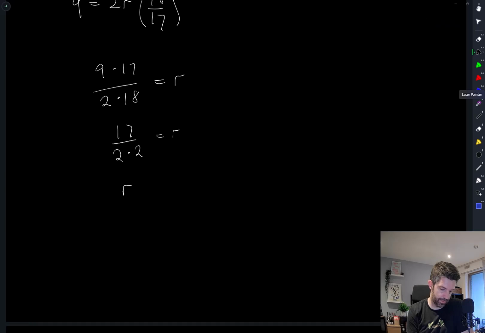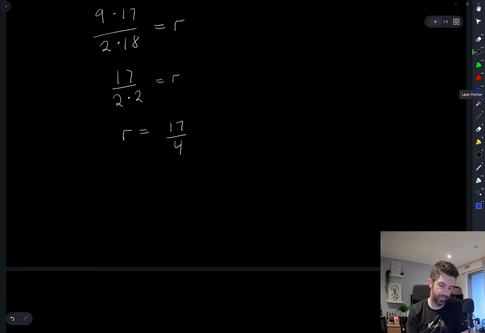So I get that r is equal to 17 over 4. So in this case, the relatively prime positive integers are 17 and 4. So m plus n is equal to 21.